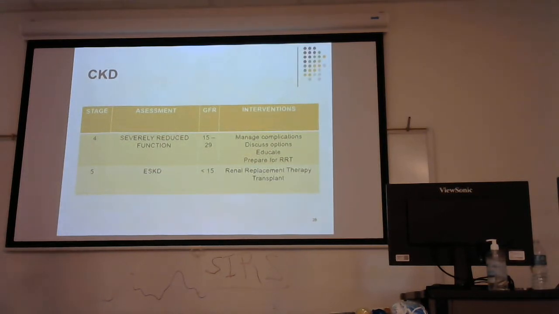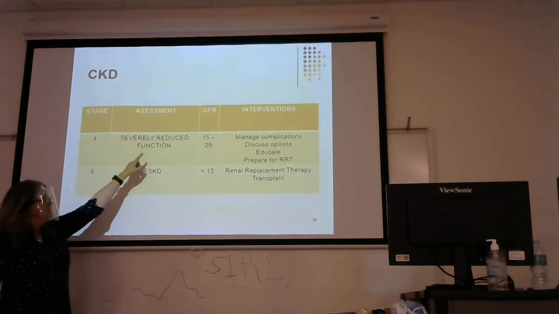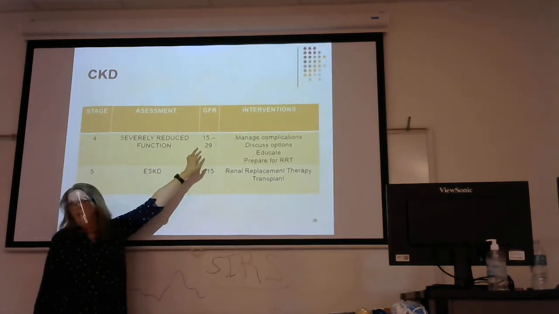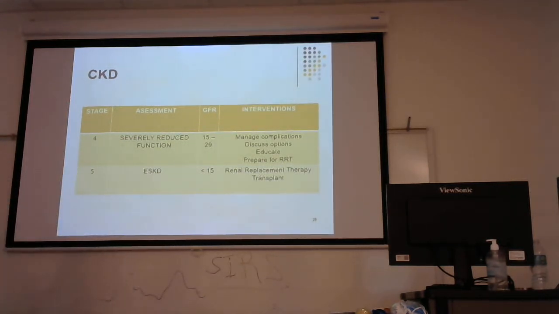Because at this point, their GFRs are down to 30 to 15. They're going to end up on dialysis. And they have choices. We're going to talk a little bit about the different kinds of dialysis. We can do it at home. We can do it in center. We can do peritoneal, which is using all that lesser and greater omentum vasculature in our abdomen.